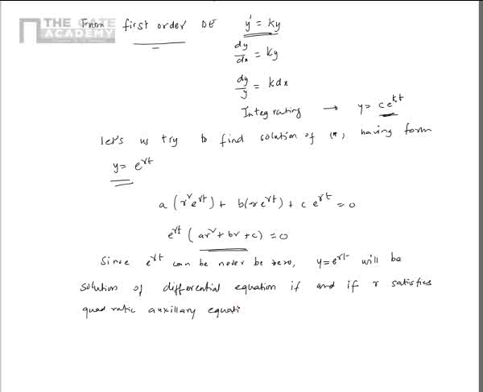So remember what we did: we substituted y equal to e^(rt) and got this equation. For the differential equation to be satisfied, this equation has to be 0, and e^(rt) cannot be 0 at any time. So your quadratic auxiliary equation a r squared plus b r plus c has to be 0 for y equal to e^(rt) to be a solution.